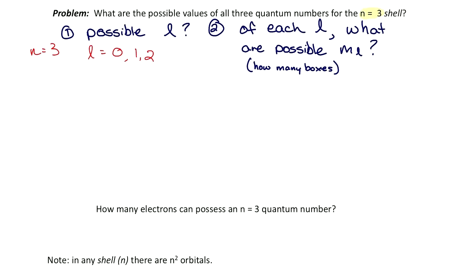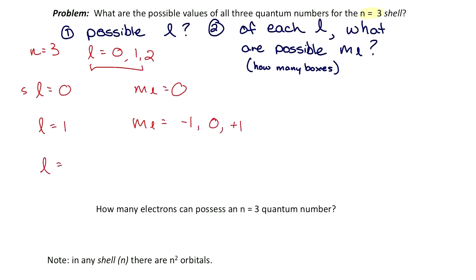For each of those L values, we have possible ML values, so we have to go through each of those L values individually. Let's do the first one, L equals 0. This is an s orbital, but what are the possible ML values? Just 0, because remember the rules for ML: it's all the integers between negative and positive the L value. For L equals 1, our possible ML values are -1, 0, +1.